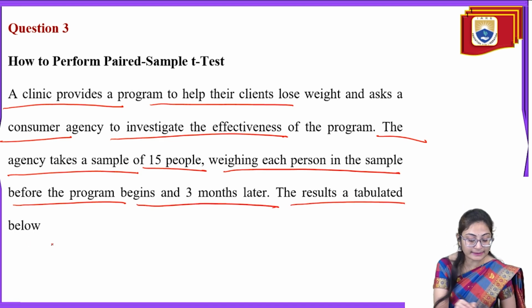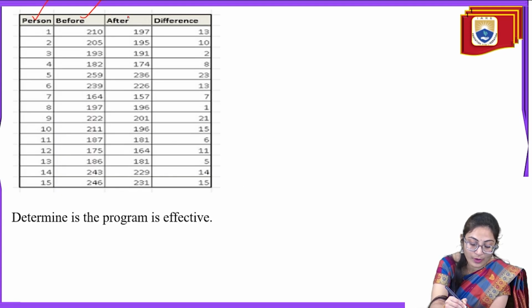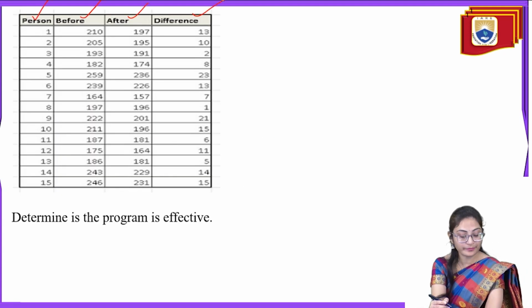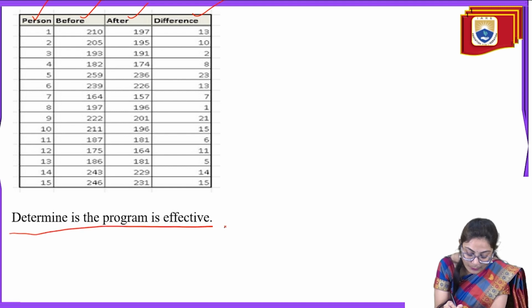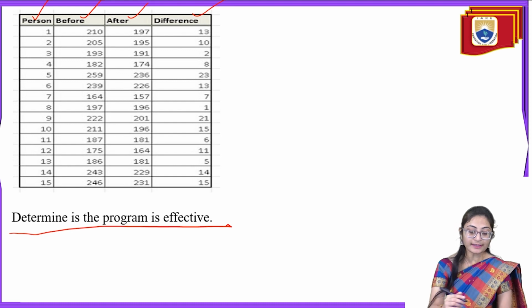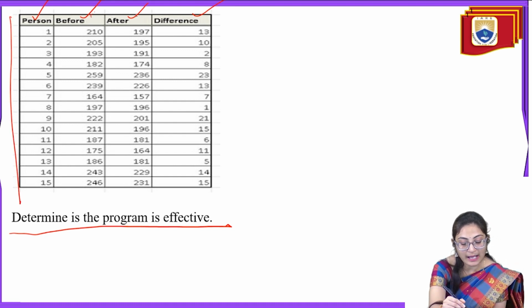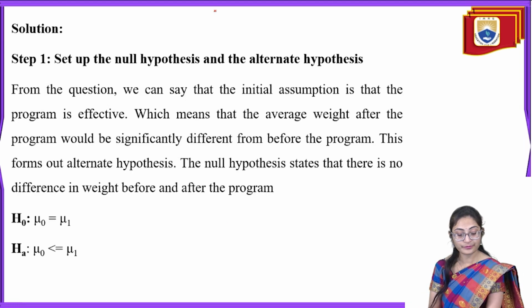The results are tabulated below: person, before, after and difference. Determine whether the program is effective. There are 15 persons, with before values, after values and difference values.